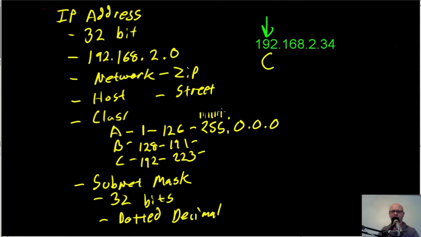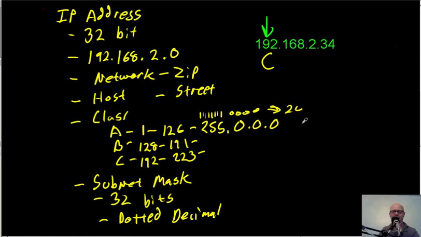And then followed by, how many zeros do you think it is? If you have 8 bits here and a subnet mask is 32 bits long, that leaves you with 24 zeros. So I'm not going to draw out all the zeros, but you go all the way to 24 zeros.